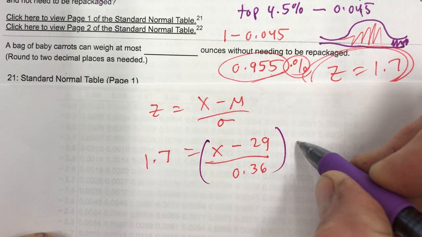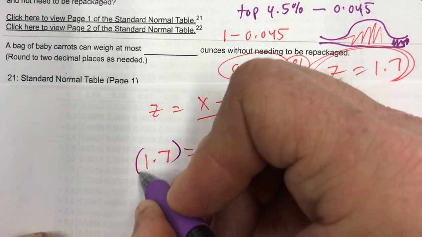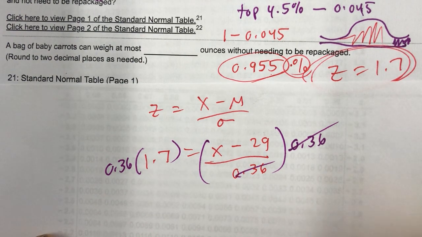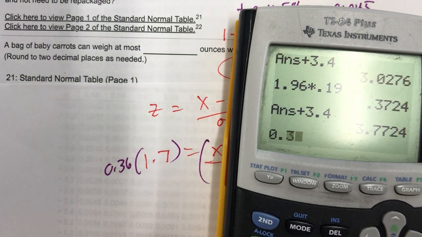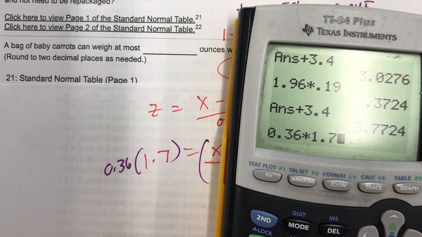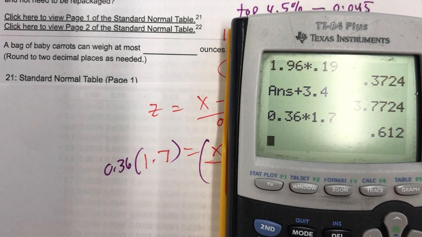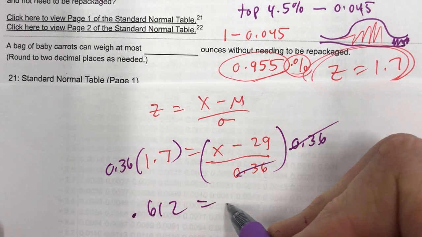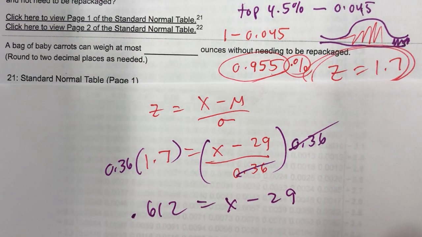So I'm going to multiply both sides by 0.36. That makes this cancel. So 0.36 times 1.7 is 0.612. 0.612 equals x minus 29.